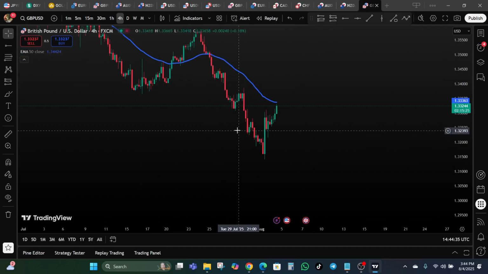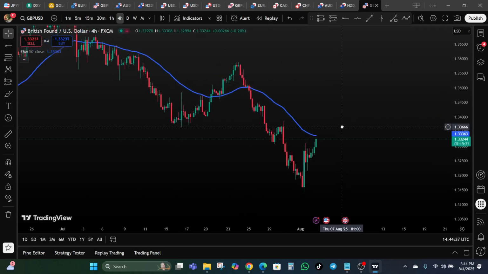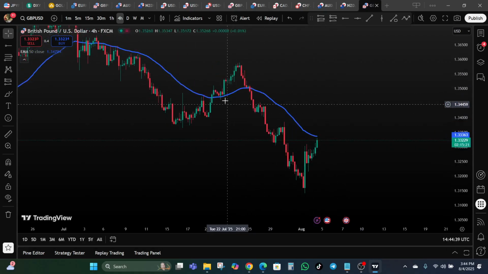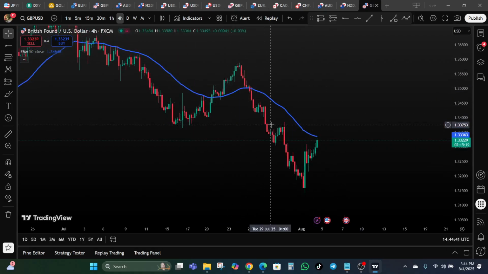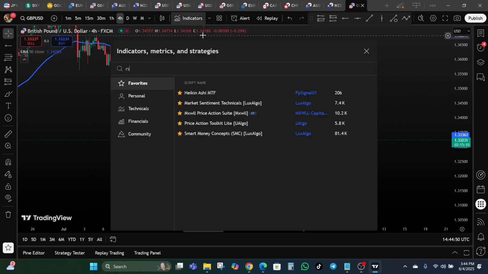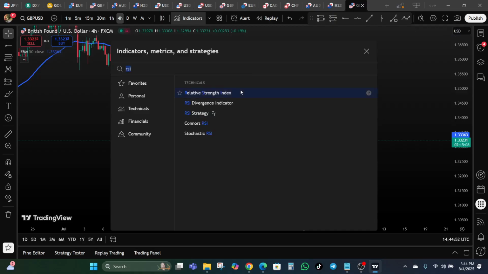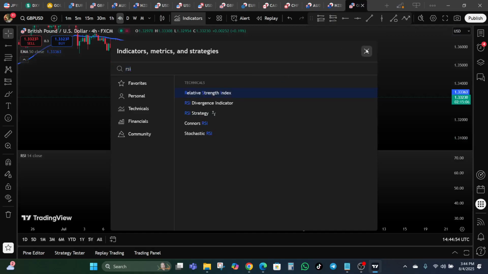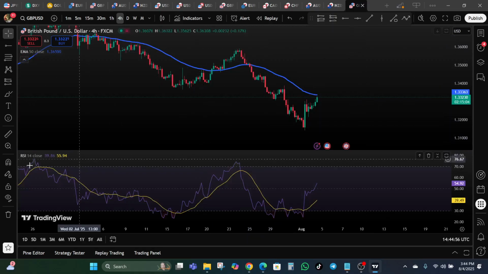As you can see, this will help define the trend. If price is above, we look for buys. If price is below, we look for sells. Then we're also going to add the 14 period RSI, relative strength index, to the chart. The default is already set to 14.